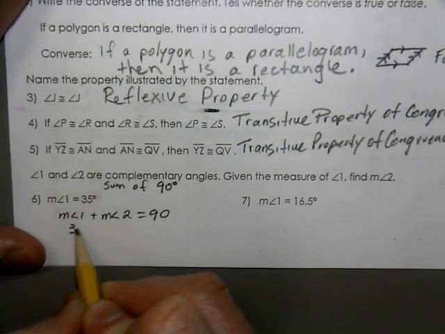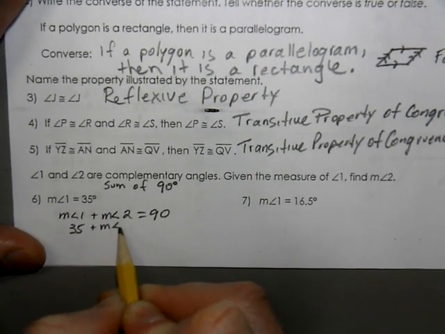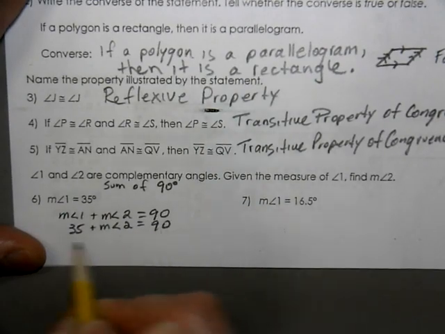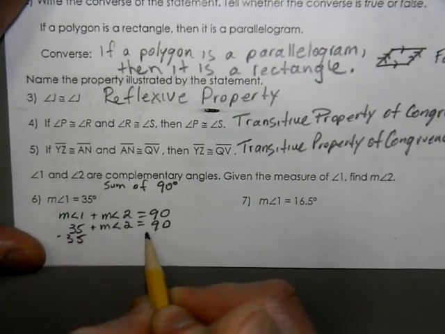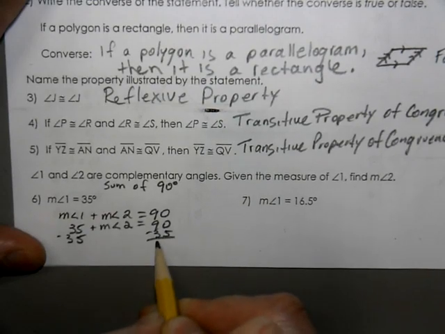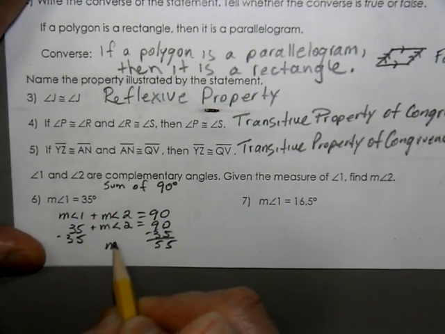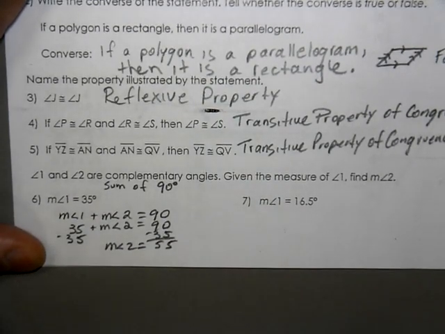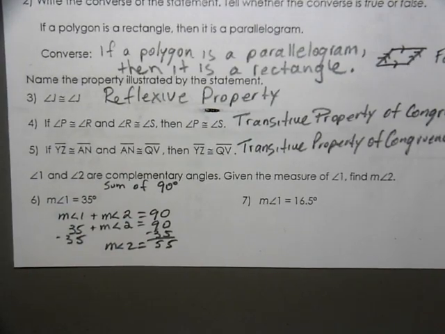If the measure of angle 1 is 35, what is the measurement of angle 2? The measure of angle 2 equals 55.